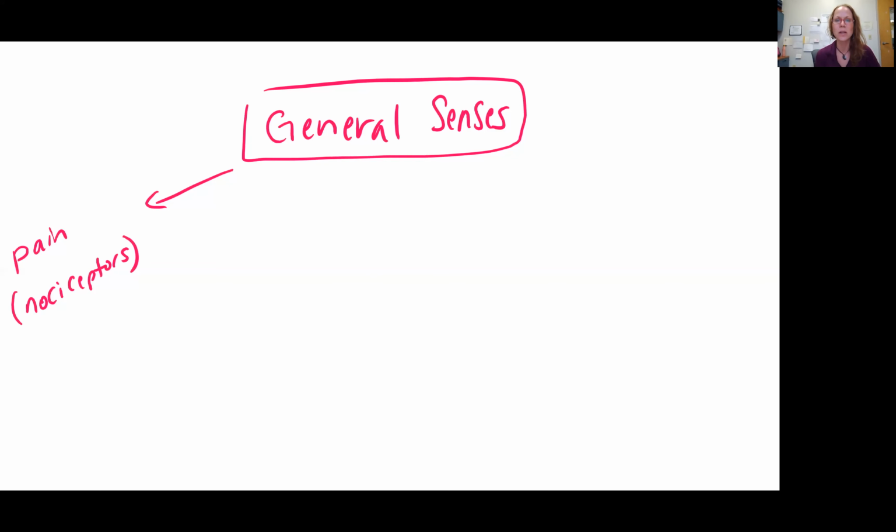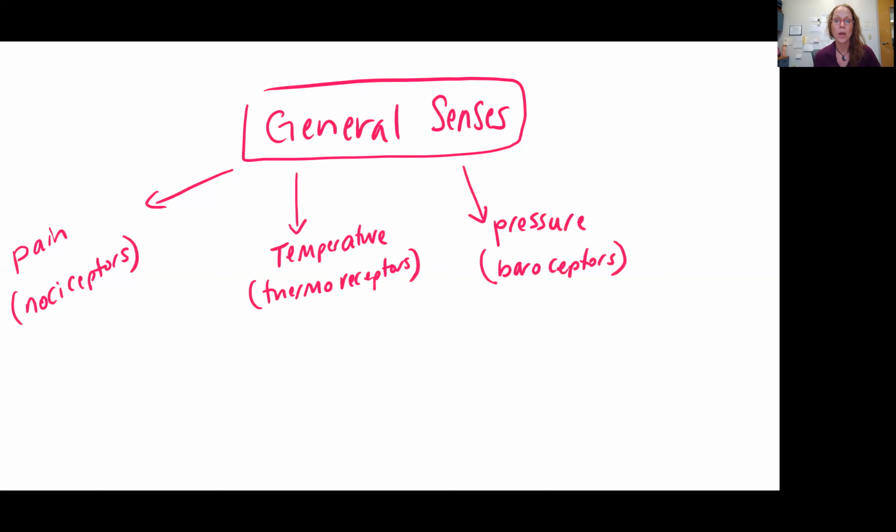So there's not a complicated anatomical structure involved in the collection of a general sense. Pain is collected by special cells called nociceptors. Temperature is collected by thermoreceptors. Pressure is detected by baroreceptors. And touch is collected by tactile receptors.